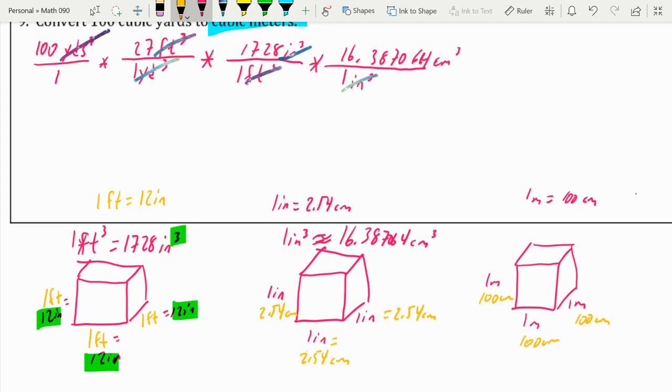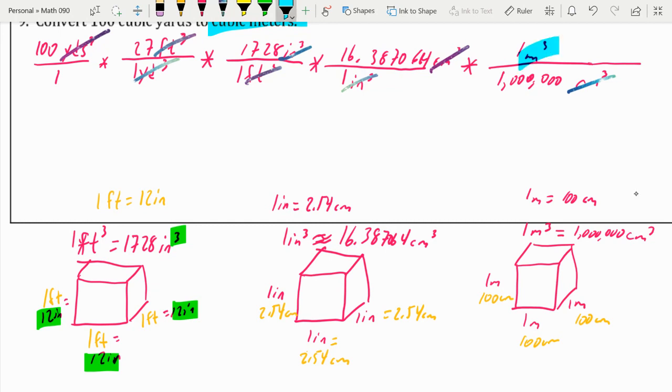So then what do we end up with? 1 cubic meter is equal to 100 times 100 times 100, which gives me 1 million cubic centimeters. At this point, I think you already get the idea. 1 million cubic centimeters over 1 cubic meter. And finally, we're done.